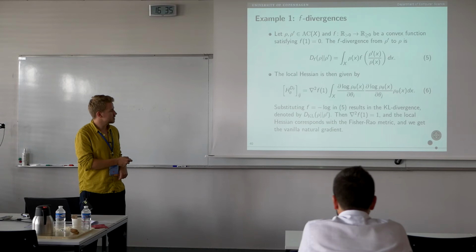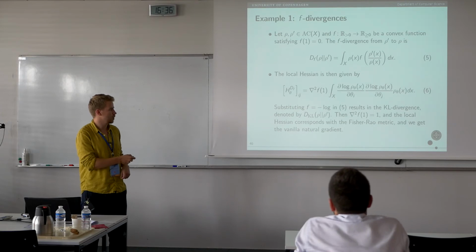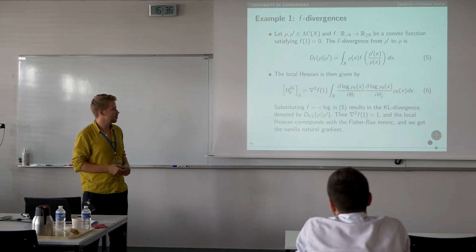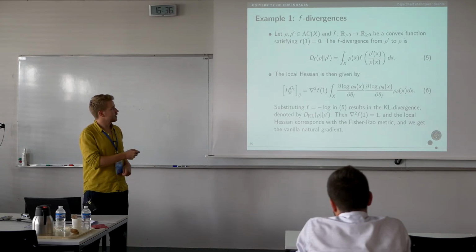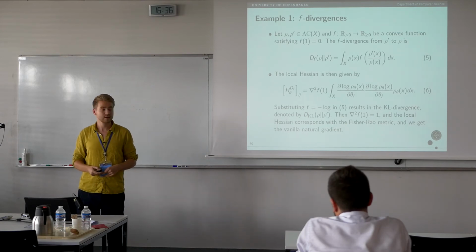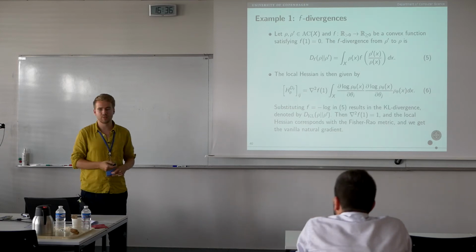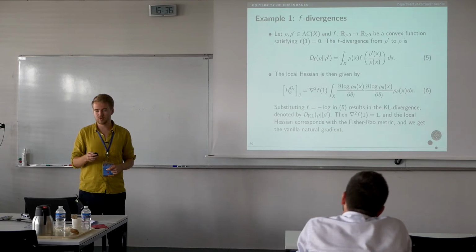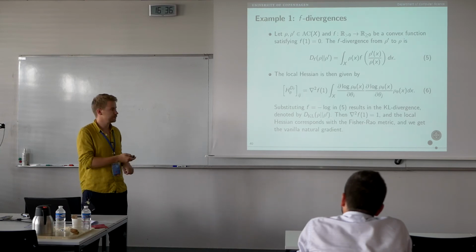We just get this scalar in front here, which is the second derivative of f at 1. If you compute that in the case where f equals minus log, then the f divergence will just be the Kullback-Leibler divergence, and this local Hessian will just be the Fisher-Rao metric tensor. So this is a generalization of the natural gradient in that sense.